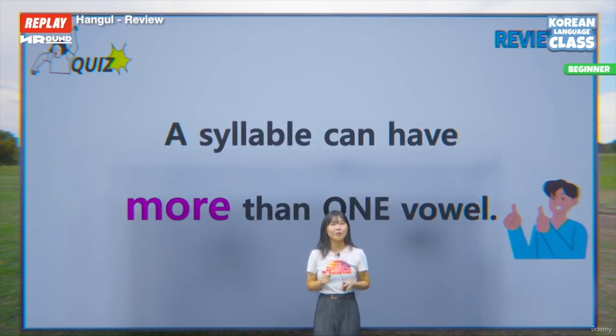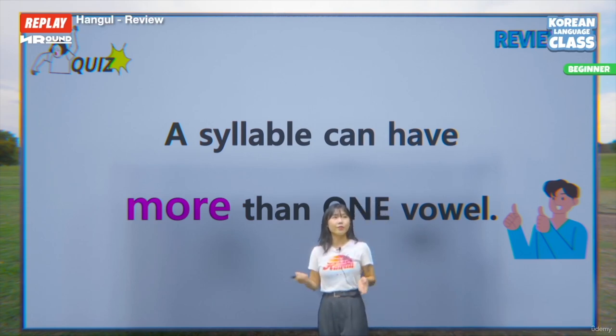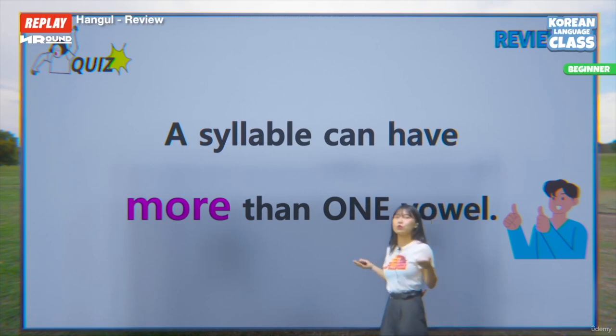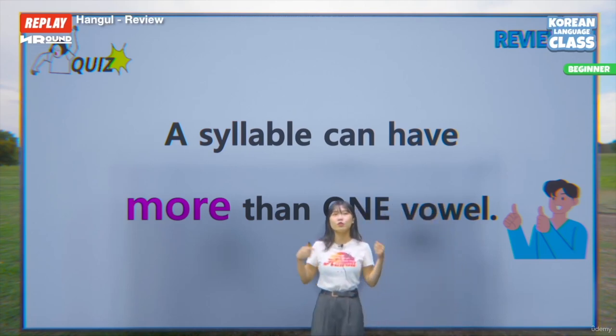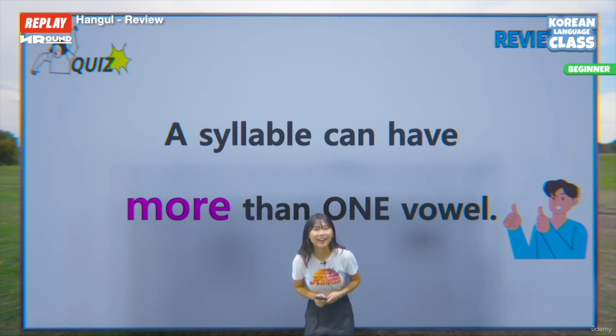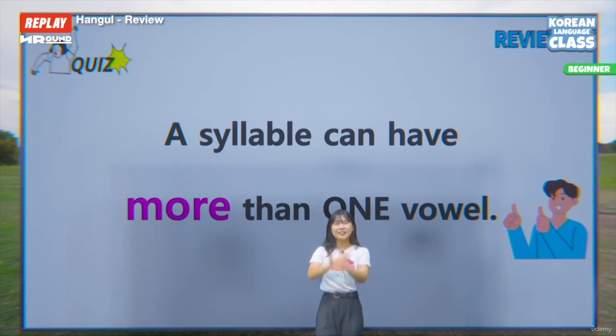Good job. And then, a Korean Hangul syllable can have more than one vowel. So we can make one with 2 vowels, 3 vowels. True or false?